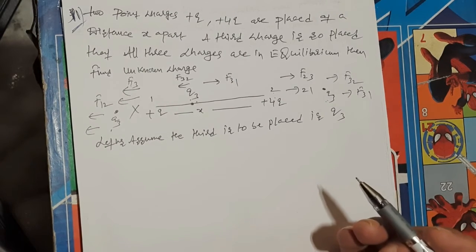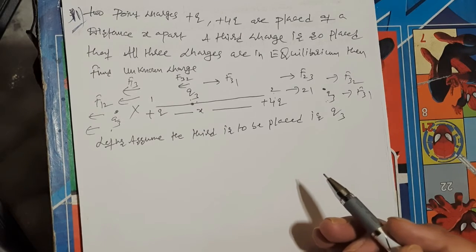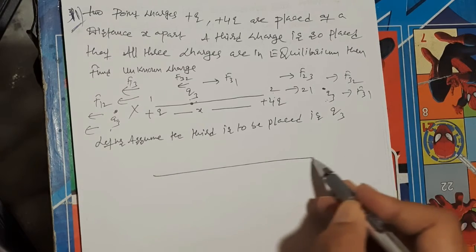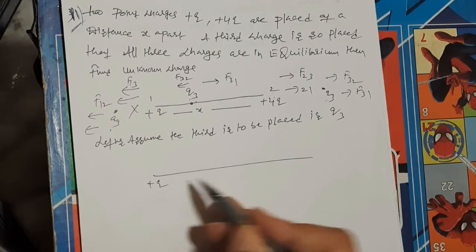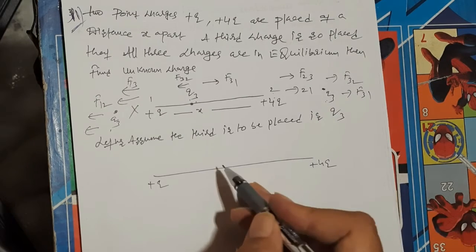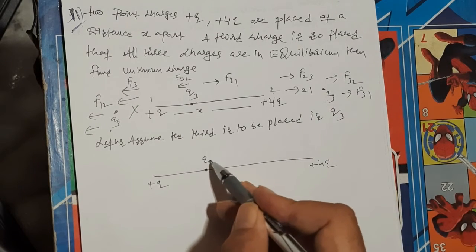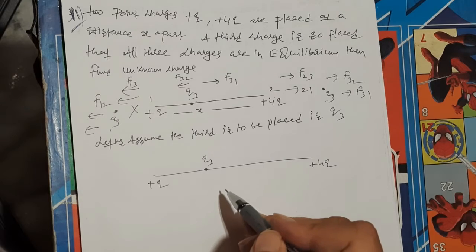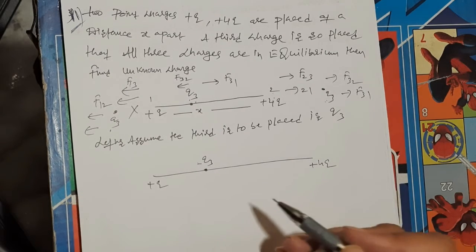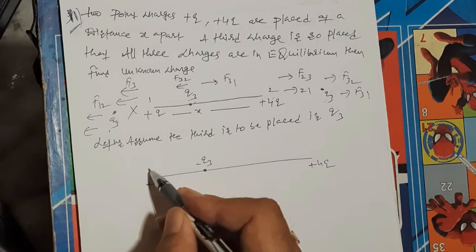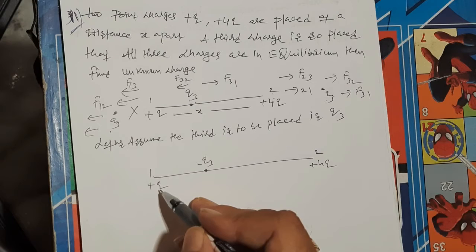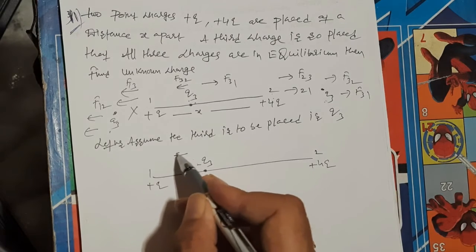For example, if we take a negative charge, what happens? This is plus Q and this is 4Q. If Q3 is negative, then the force acting on the third charge due to this charge is an attraction force along this direction.